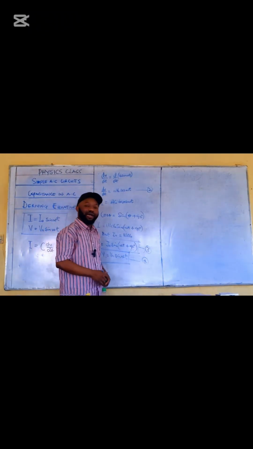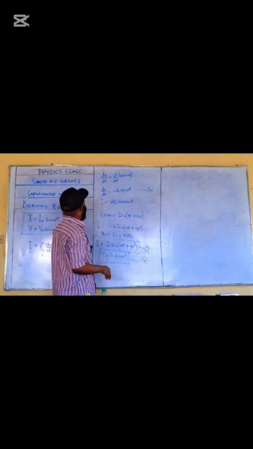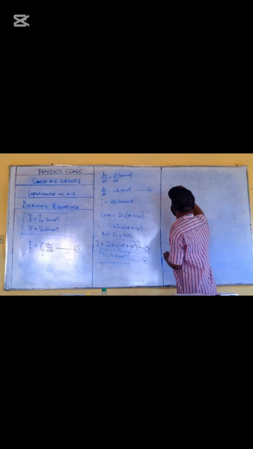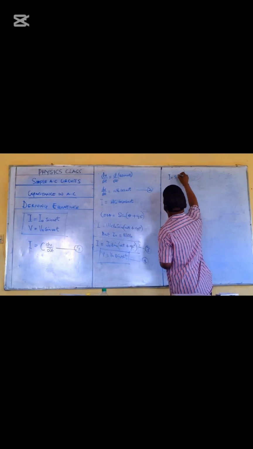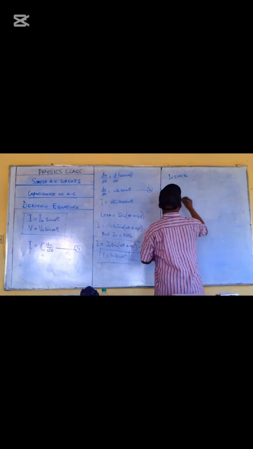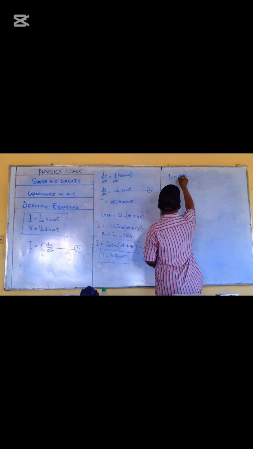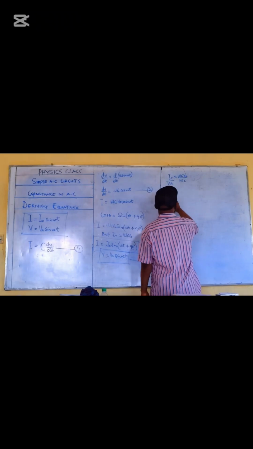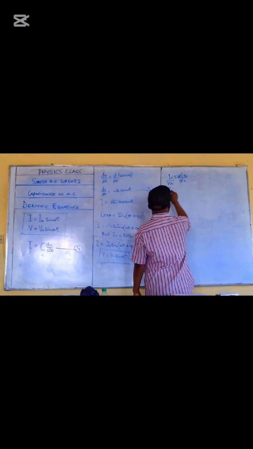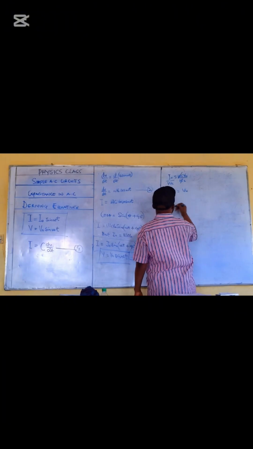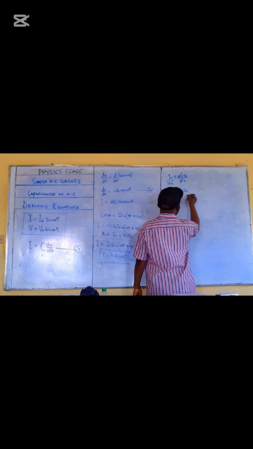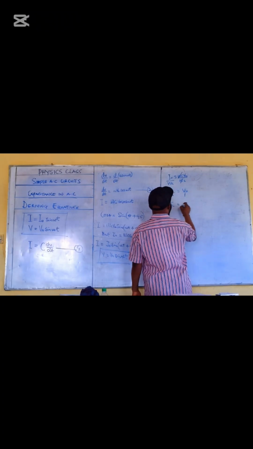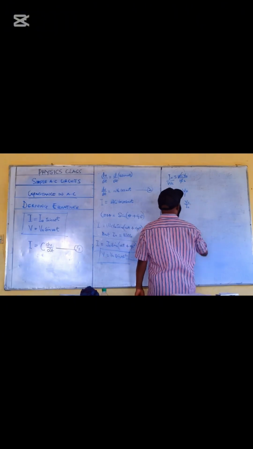Moving further and writing other equations under capacitance in AC, looking at this equation here, we said that I naught equals WC V naught. Suppose we divide both sides by WC. It means that we have I naught over WC is equal to V naught. If we divide or cross multiply here, we should have 1 over WC is equal to V naught over I naught.